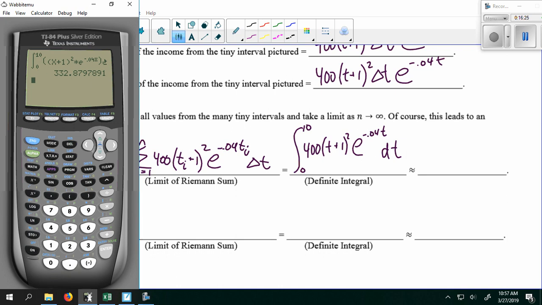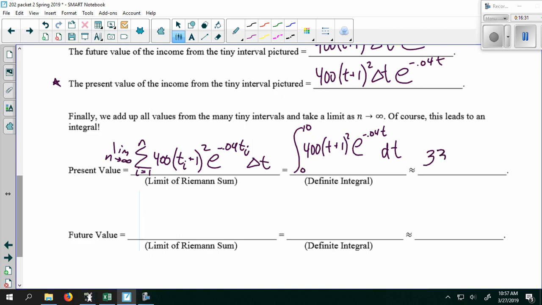So 332.88. That is the present value of my business. The day I open the doors of this business, it's worth $332.88. So if I just invest $332.88 for 10 years, that would be equivalent to running this business for 10 years.